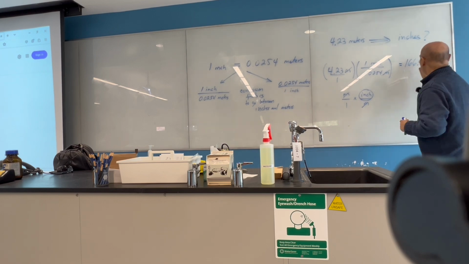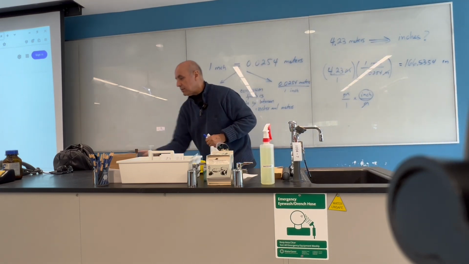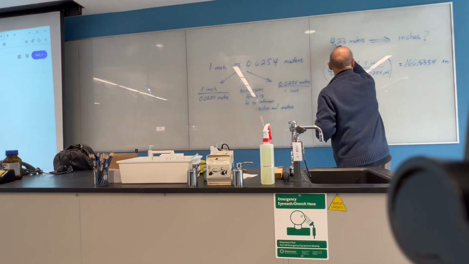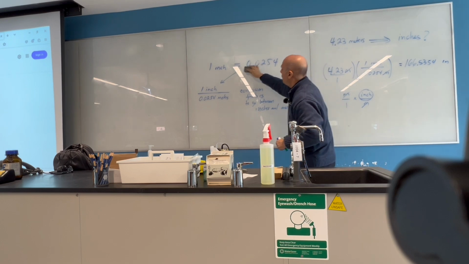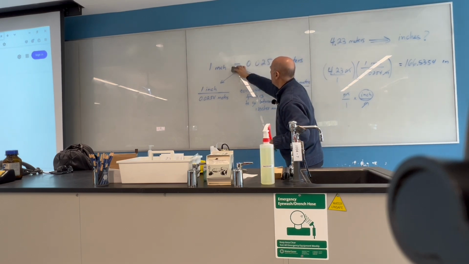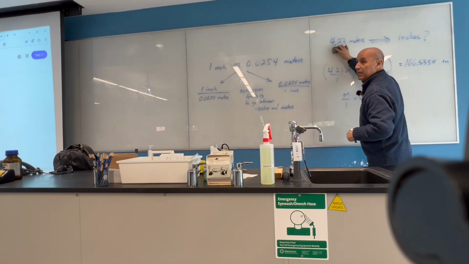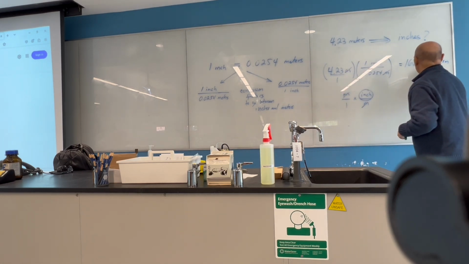But anyway, so here we have the answer. Now we are ready to report this as the conversion of this number to inches. Well, our answer is not limited by the conversion factor because this has an unlimited number of significant digits. But it is limited by my measured number. So my answer cannot be that.